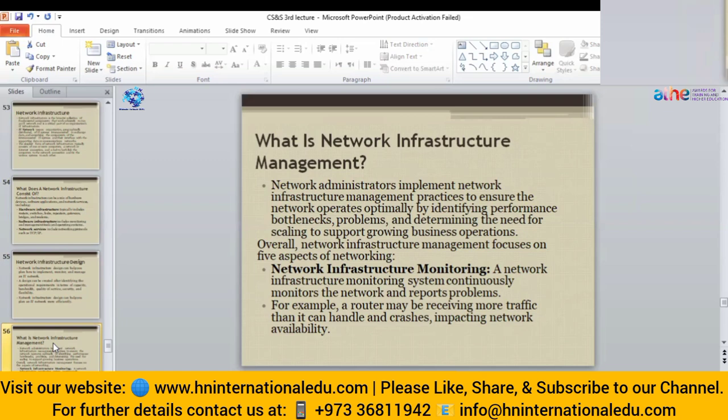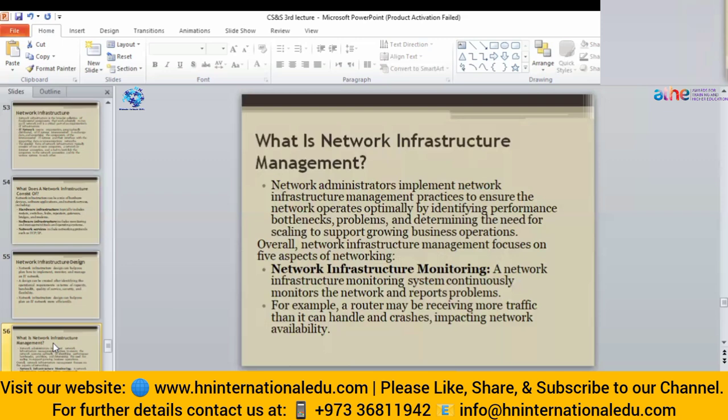Like we have to increase the bandwidth, increase the clients inside the network, make our servers more powerful, and upgrade our technology and operating systems. For every purpose we need a network administrator who is responsible to manage and upgrade our network.